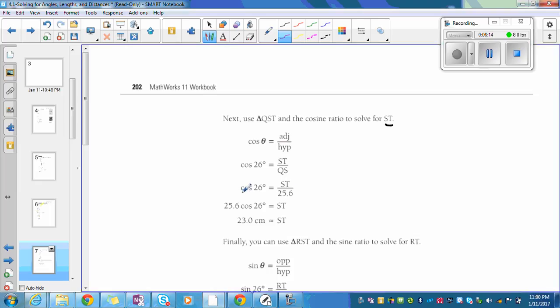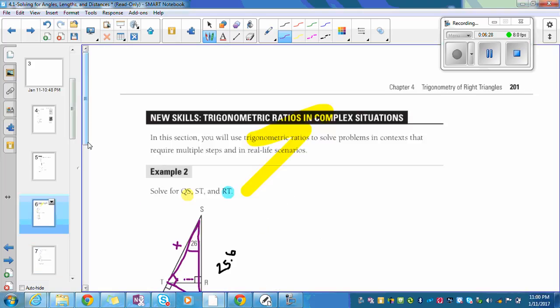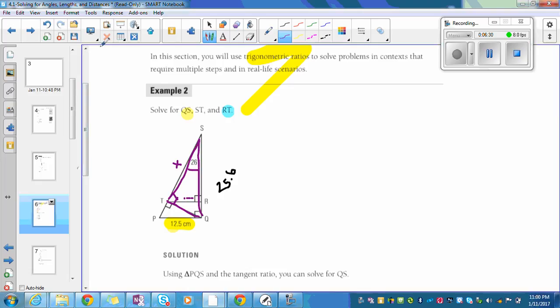I would put this over 1. Cross multiply, and I get the unknown length ST is equal to 25.6 times cos 26, which gives us 23 centimeters. So if we go back here, now we can call this length ST 23.